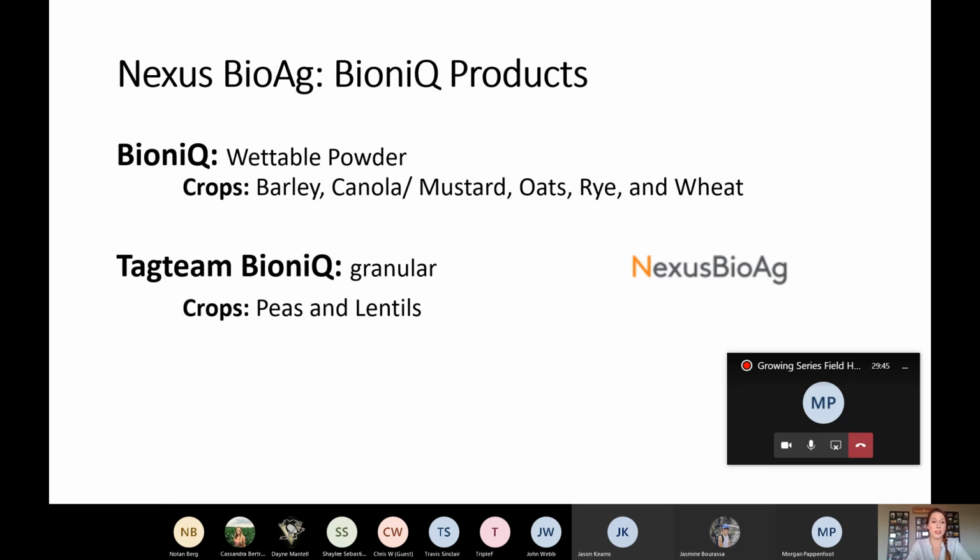I imagine you could probably use it on corn too. It's just that option of an inoculant for a field crop, whereas Tag Team Bionic has the rhizobia bacteria as well, and that's for peas and lentils. So these are the newer products. Does anyone have any questions about those?